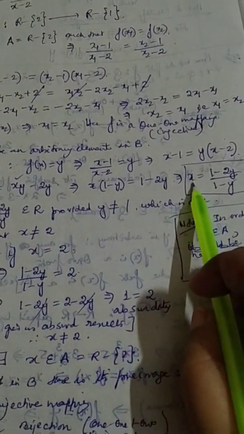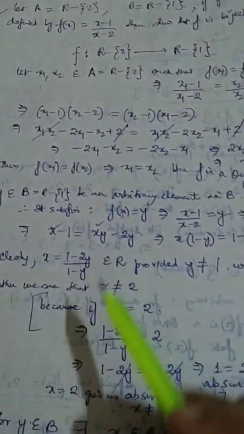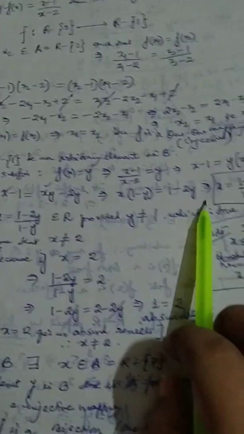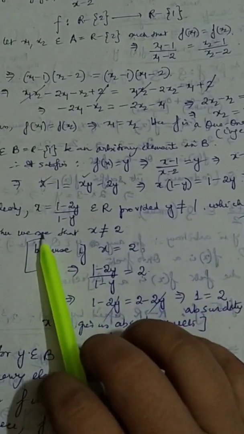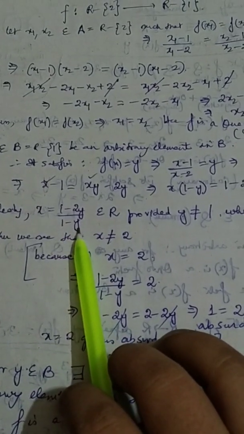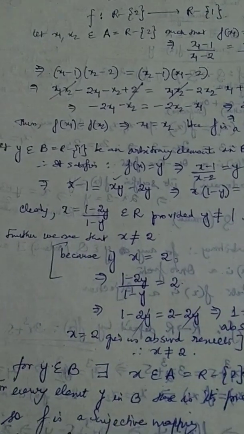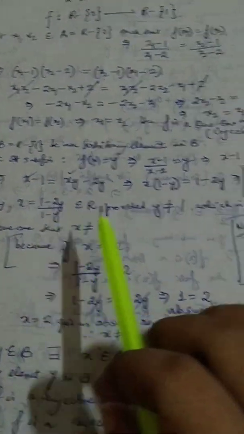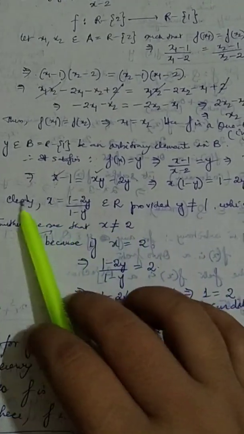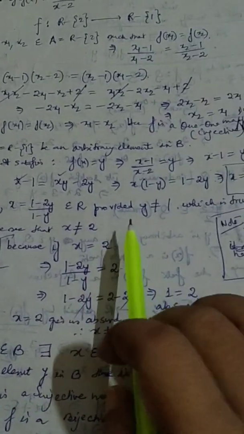So we have to check whether this x belongs to the domain set or not. Clearly this value is definitely a real number, no doubt about that, provided y is not becoming 1. If y becomes 1, then this will no longer exist, because it is going to become undefined over here. So clearly x belongs to R, provided y is not equal to 1.